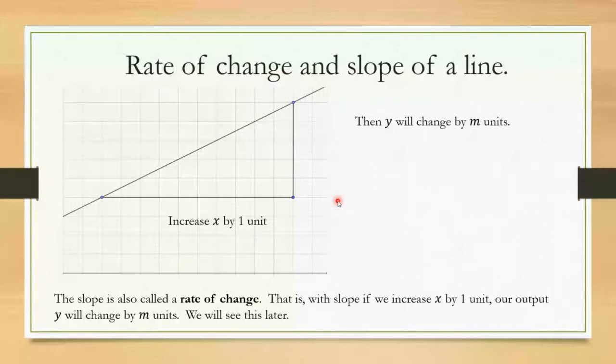And that's really why it's called the rate of change. You could think of it as similar to the speed of a car when you're driving. If you're driving 10 miles an hour, and you increase your driving time by 1 hour, your distance will increase by 10 miles.